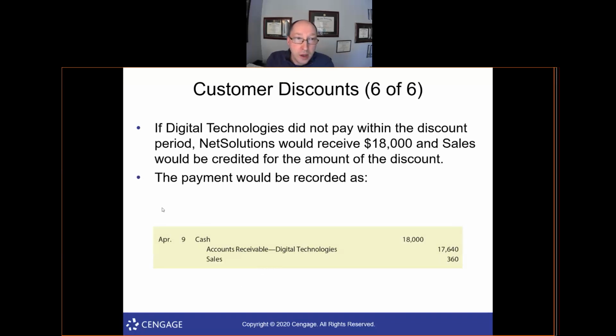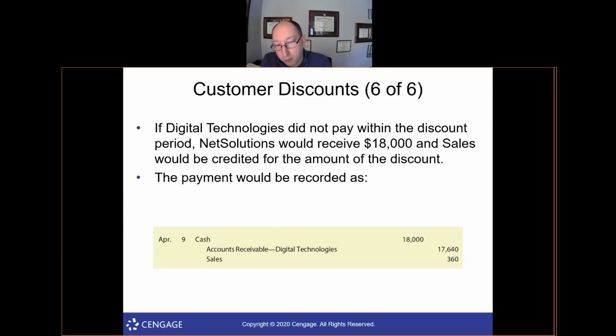If our customer decided, you know what, I'm not going to be able to pay you within that first 10 days, so I'll pay you later. And we're like, okay, that's fine. So eventually they pay us. We debit cash the full amount, $18,000. We credit accounts receivable $17,640, and we credit sales $360. Why did we do that?